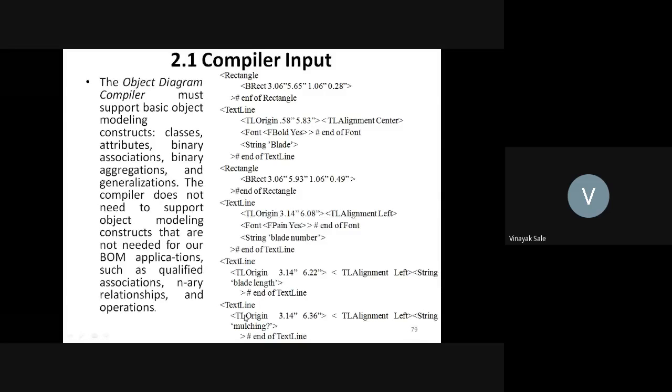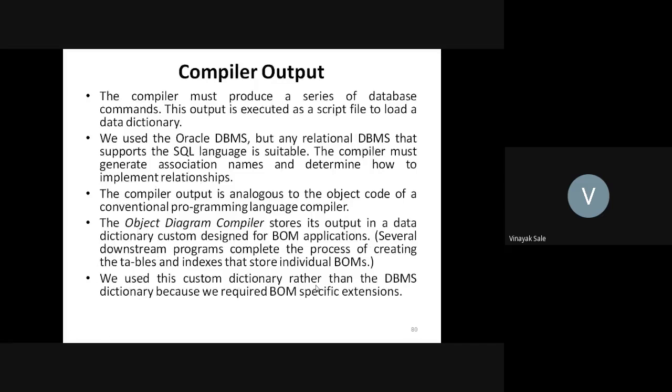Again we have a new text line with origin 3.14, 6.36, alignment left, and the string is mulching. So in case of blade, we have taken the text lines blade, blade number, blade length and mulching. These are the inputs regarding the compiler input.